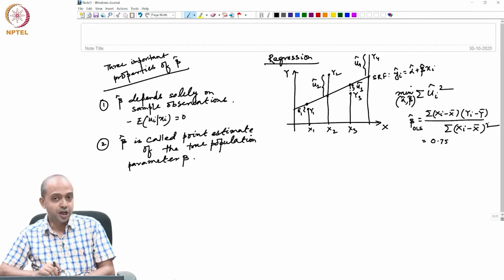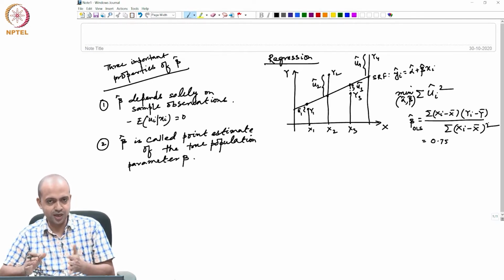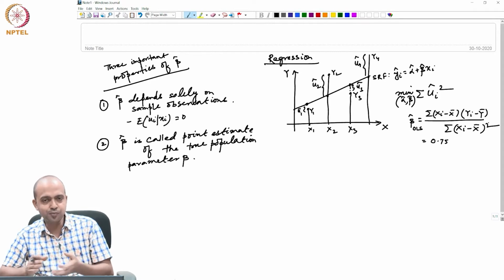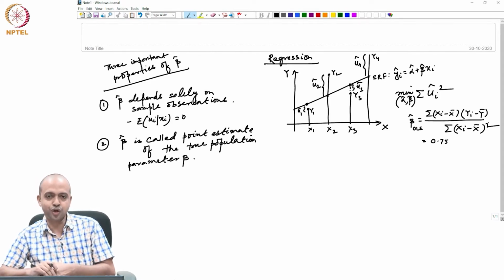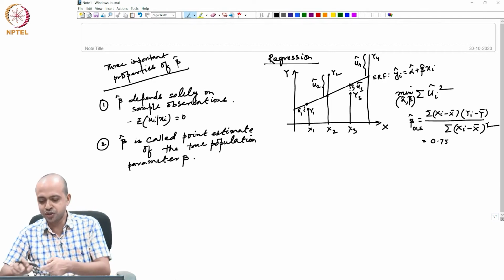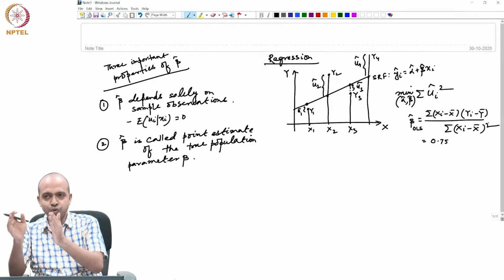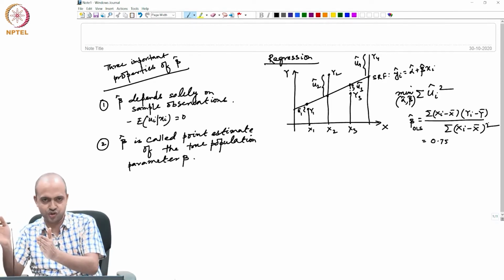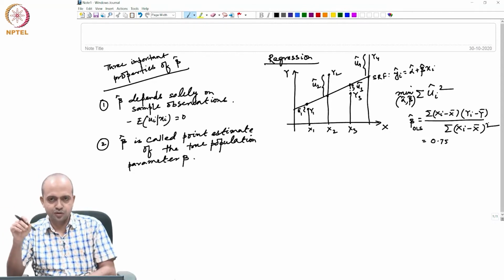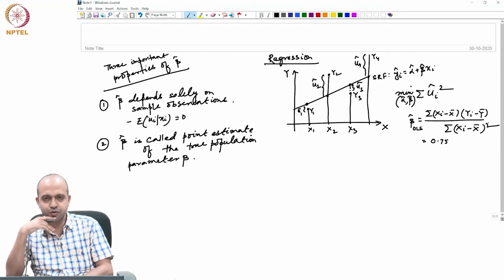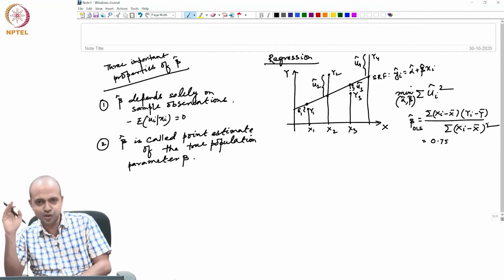Then what is required? Instead of using this point estimate, we will discuss the other type of estimates of beta, which is called interval estimation. Instead of giving a specific value, we will say that this is the range in which beta may lie. That is called interval estimation. We are not discussing interval estimation right now.